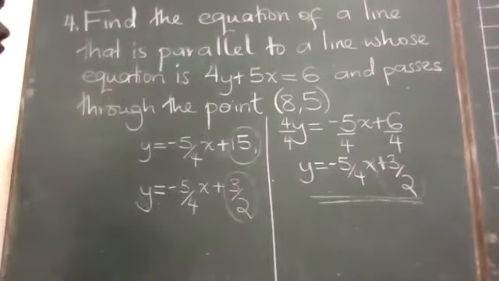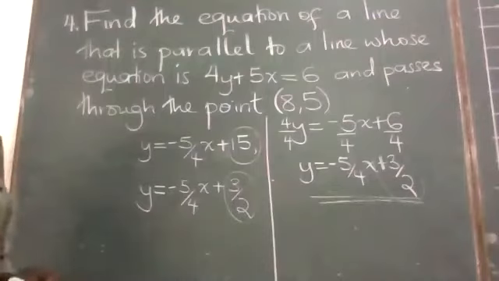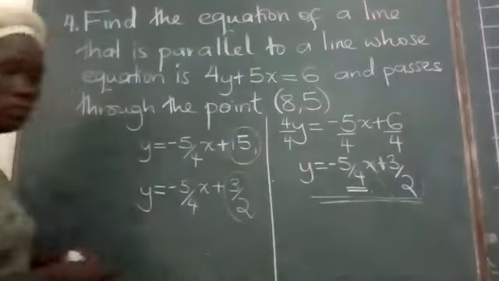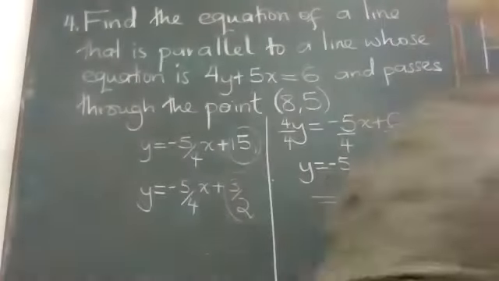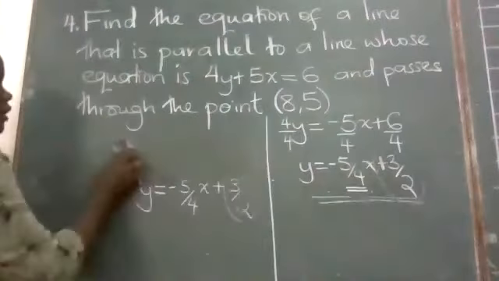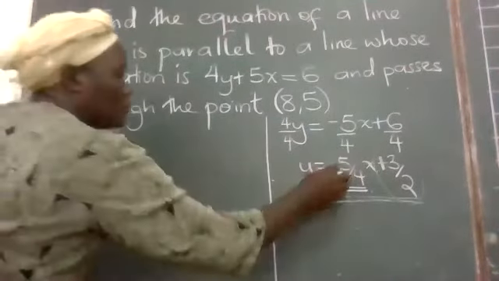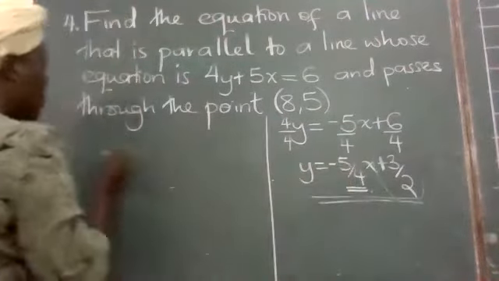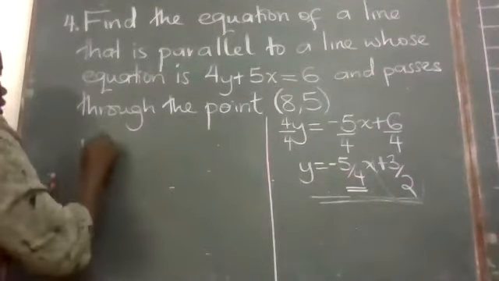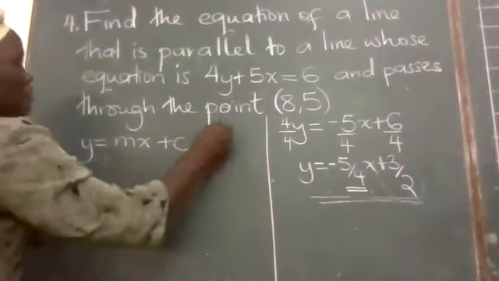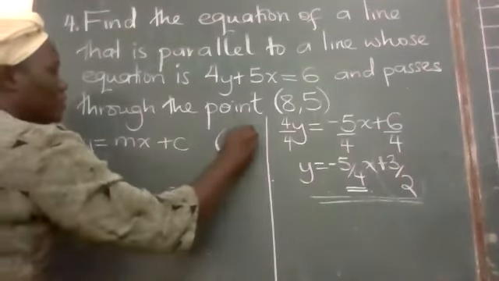So let's go ahead. Remember, parallel lines have the same gradient. So we are interested in the -5/4. So if the gradient is -5/4, I'm using y is mx plus c, and I've been given the point (8, 5).